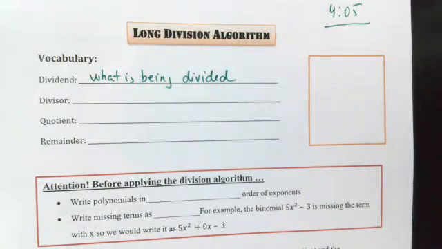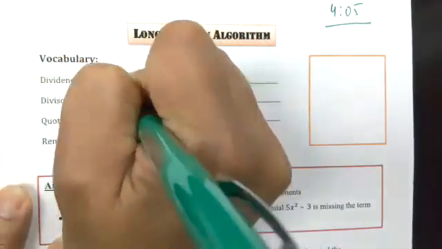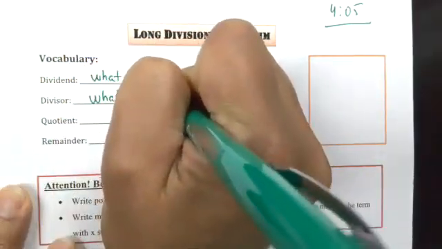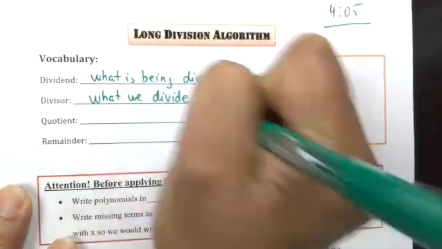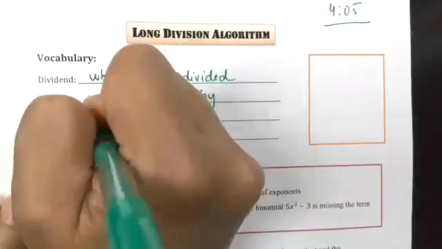The divisor is what we divide by, what is used to divide. Quotient is the answer, the main answer to this division.